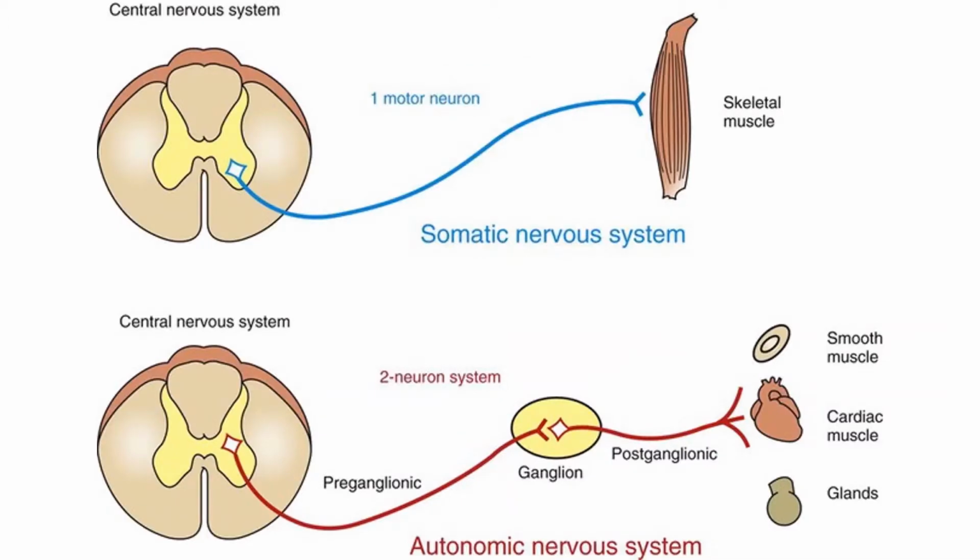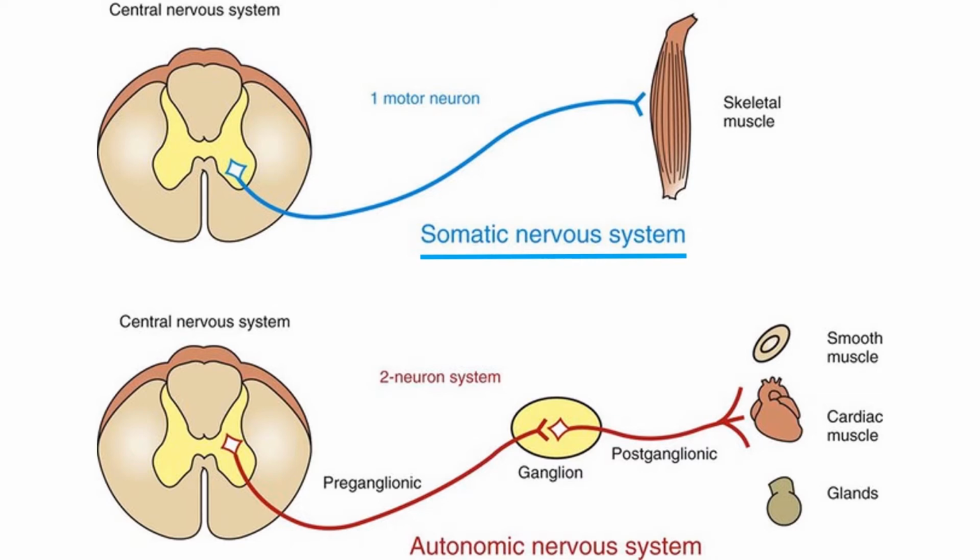The peripheral part of the autonomic nervous system, as you can see in the lower figure, is made of two neurons. There is the preganglionic neuron coming from the lateral horn to a ganglion, and it synapses in the ganglion and sends a postganglionic axon to the effector organ.